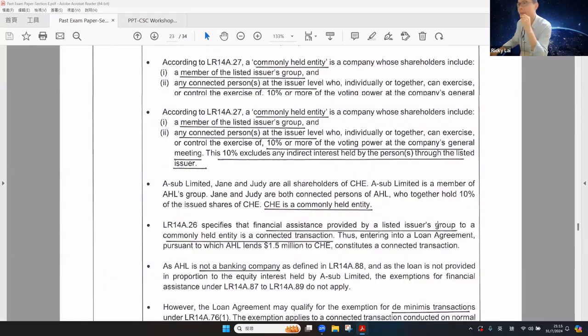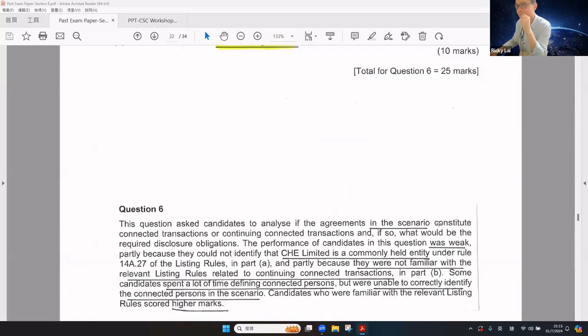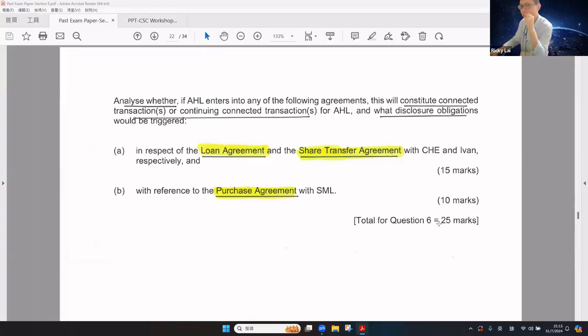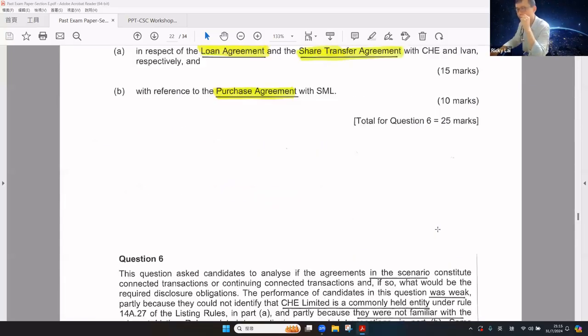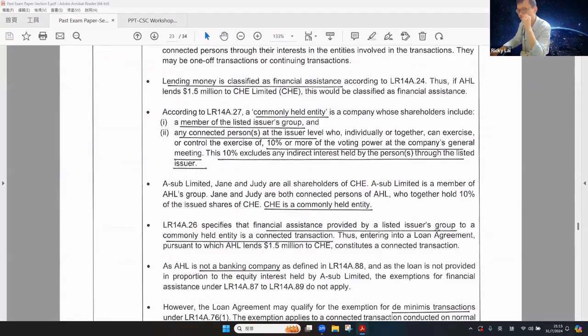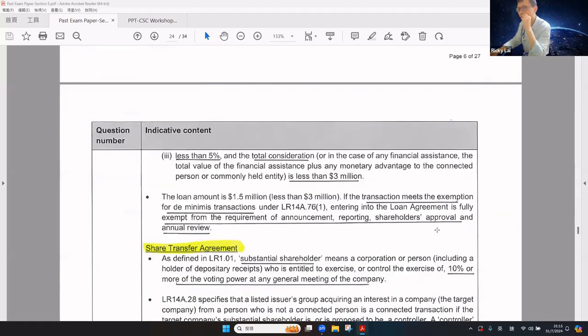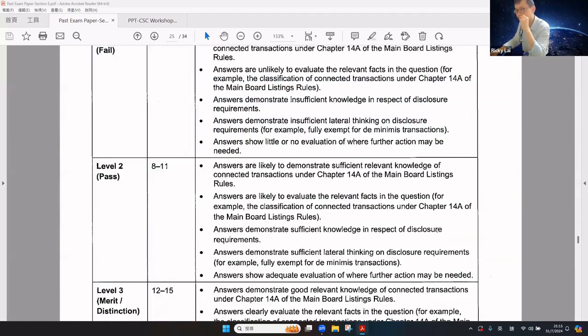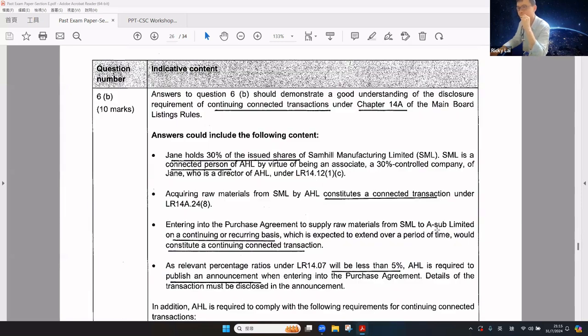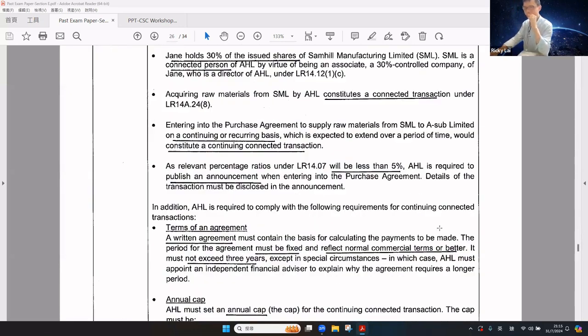So even though these two agreements are connected transactions, the company may apply for the de minimis exemption, so the announcement, reporting, approval, and annual review can be exempted. That's the reason why the question is really practical.